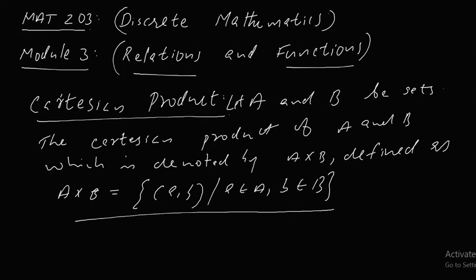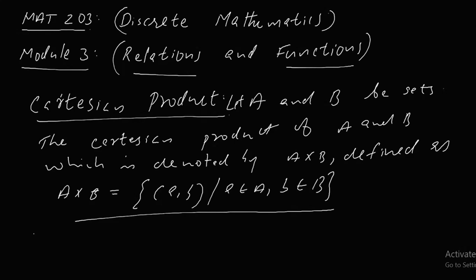So A cross B is again a set, containing coordinates (a, b), where the first coordinates are elements from A and the second coordinates are elements from B. We have to take all such combinations.